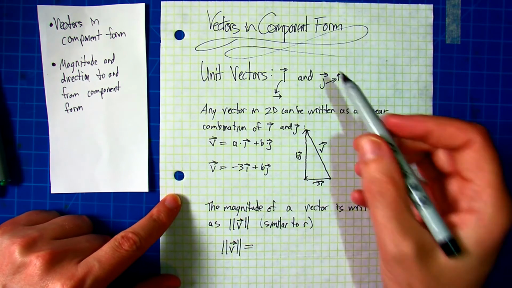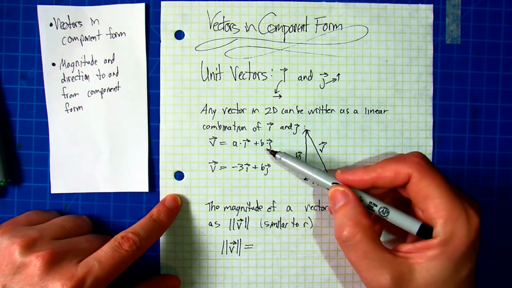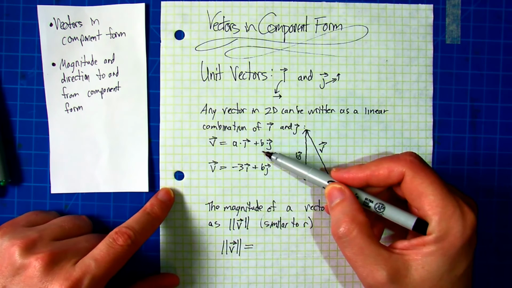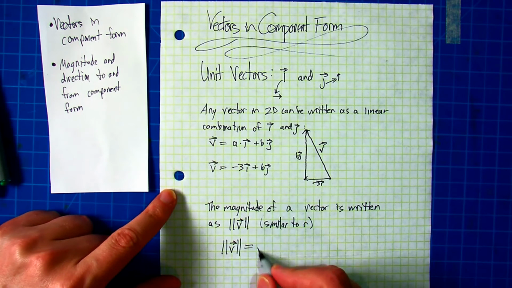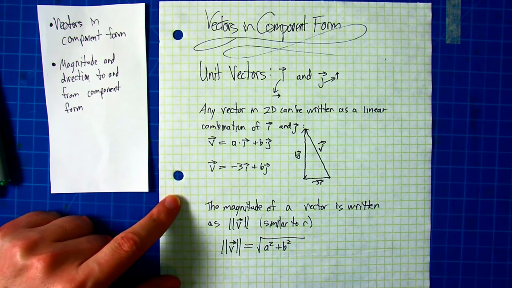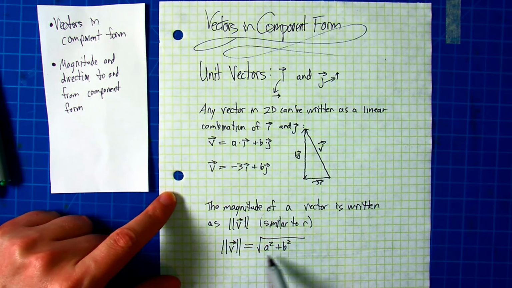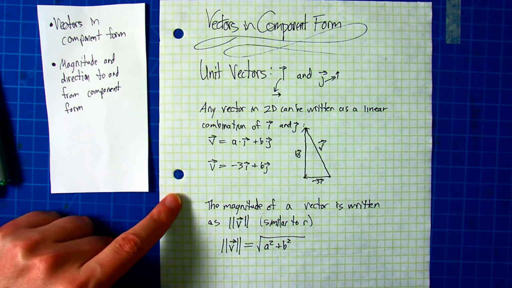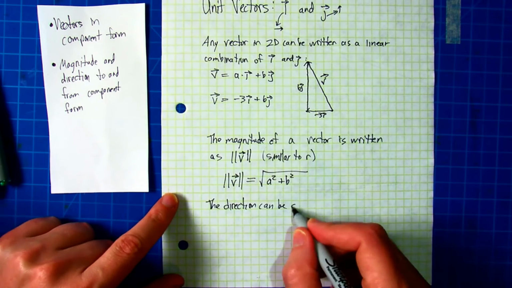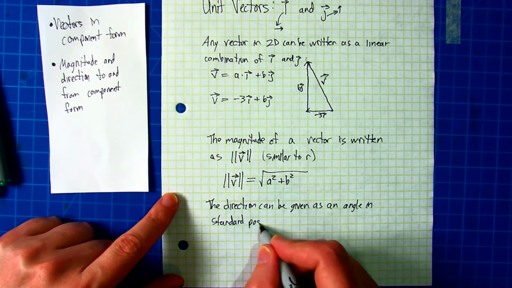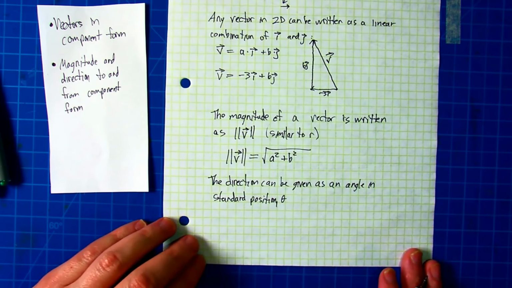You have some amount the vector goes a in the right and left, and some amount it goes up and down, b. So that's just the square root of a squared plus b squared. Some other books give these as xi plus yj, but it doesn't matter. It's just the Pythagorean theorem for the magnitude. And the direction can be given as an angle in standard position, which again we will call theta.